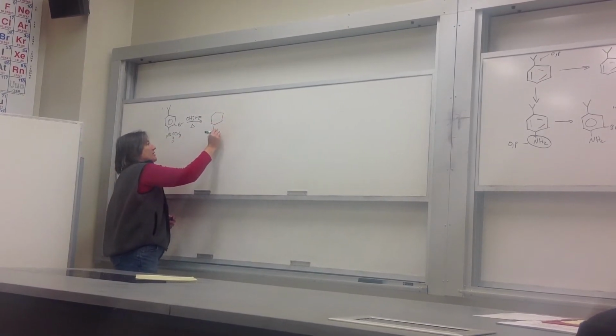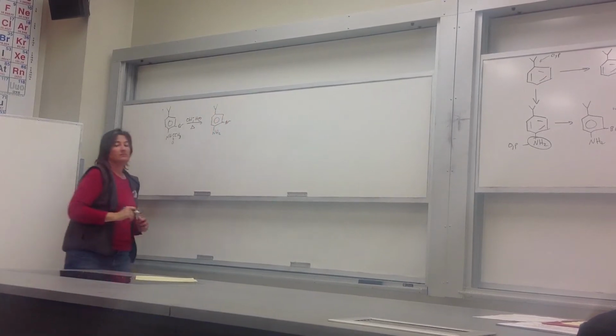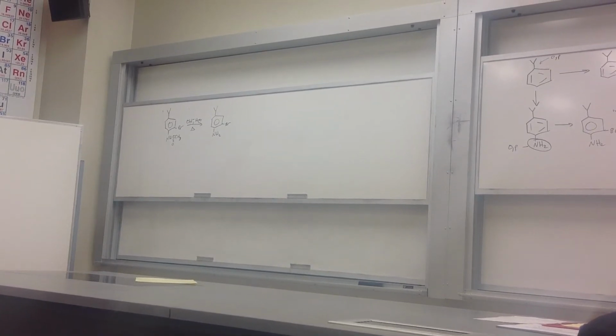That puts us back where we started with an NH2. And now I want the NH2 to go away. And the effective way to do that is go through a diazonium salt, which then I can turn into an H.